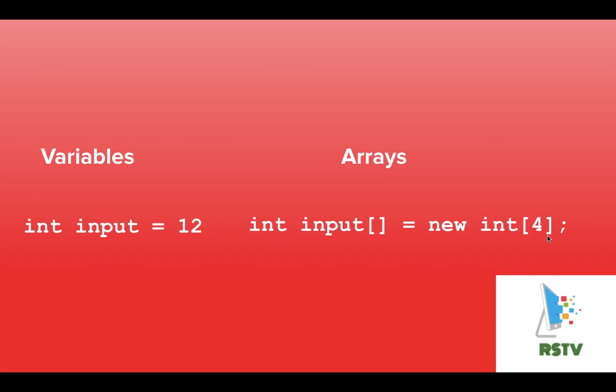We know we can store one value in one variable, like int input equals 12. If the user wants to store multiple numbers in the same variable, then we should use arrays like this: int input equals new int, and this 4 is the size place.